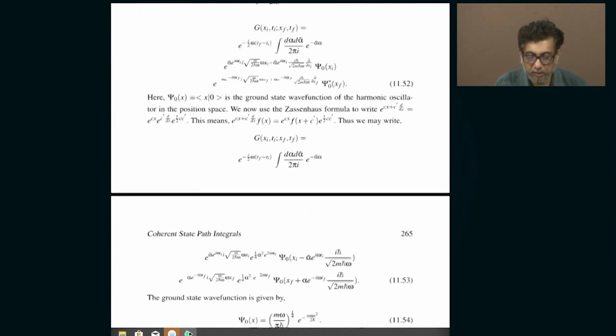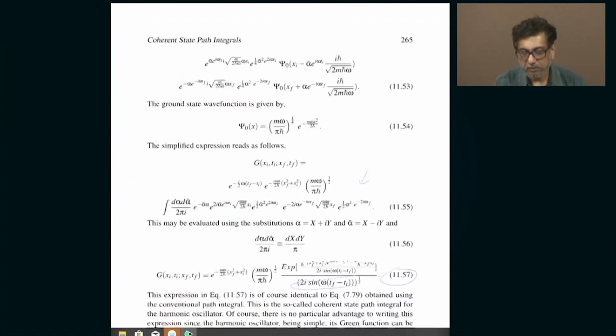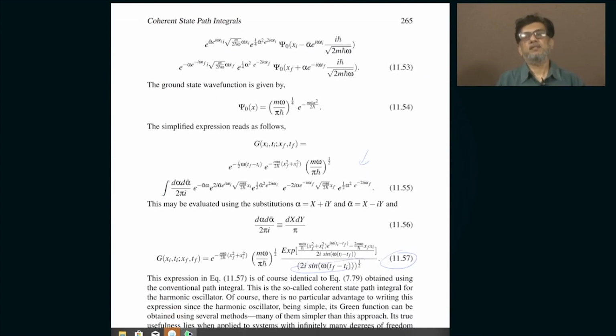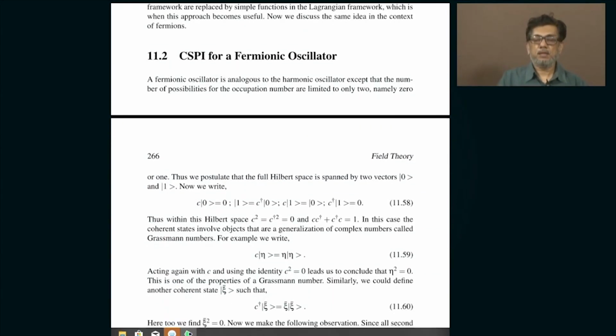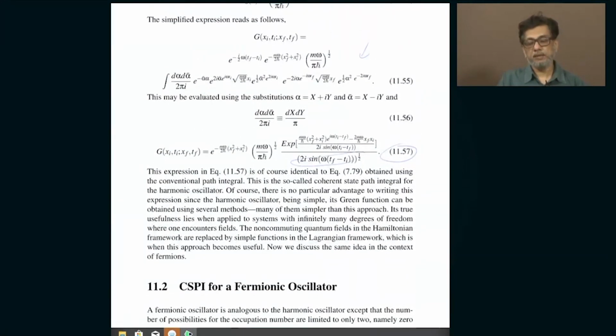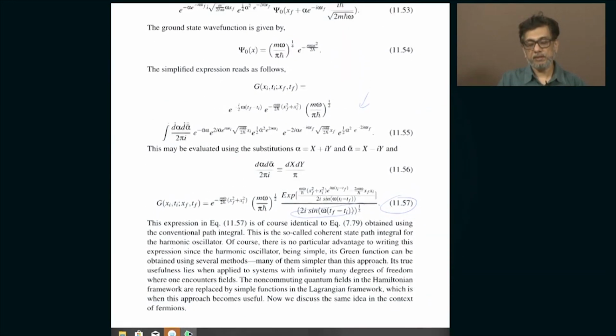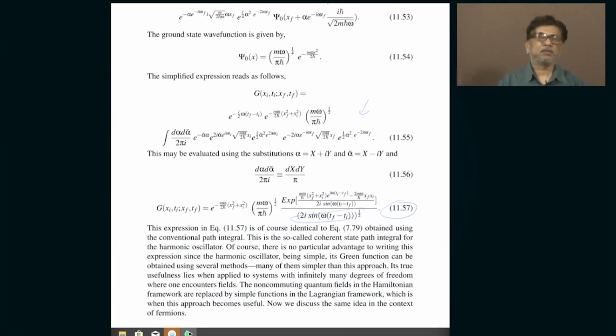So bottom line is that with some effort, you can convince yourself that the coherent state path integral approach for the harmonic oscillator gives you the same Green's function as you would get if you did the conventional path integral for the quantum harmonic oscillator using position coordinates and generalized velocities and so on.